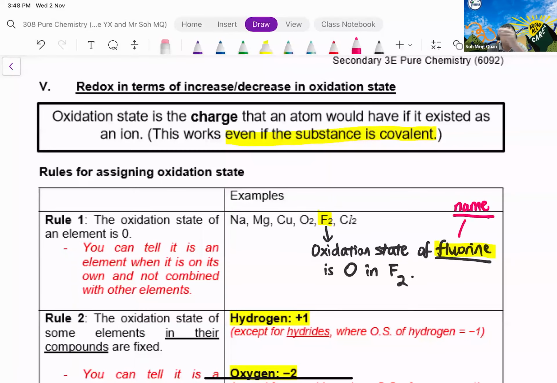The oxidation state of fluorine is what? The number 0. In the element is called F2. Okay, the substance formula is F2. Okay, so this is a fixed phrase. The oxidation state of an element is 0 in F2. Okay, so you name the element, then you give the formula.